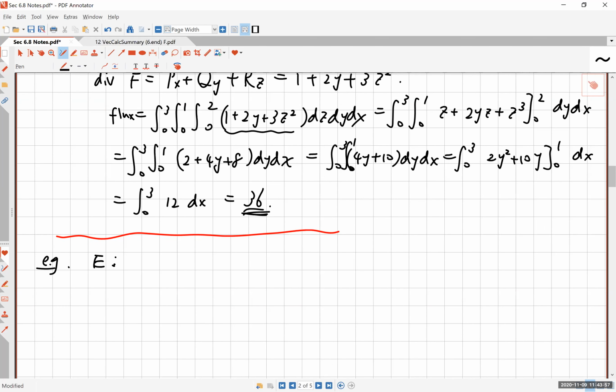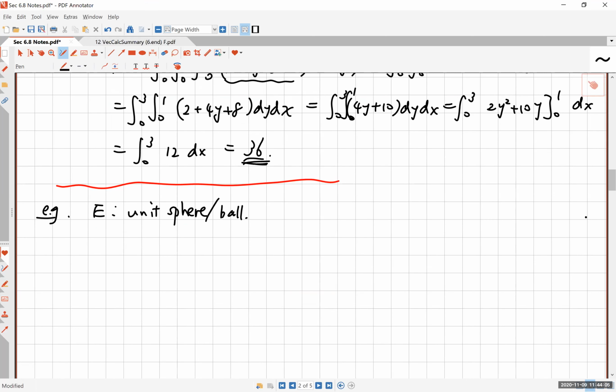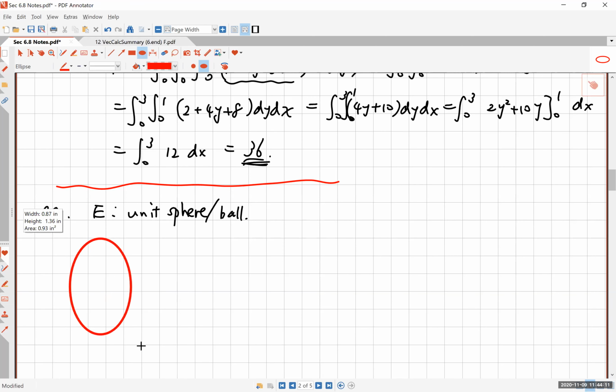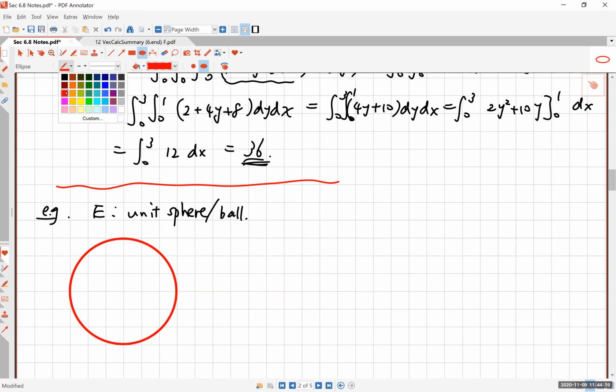E is the unit sphere. Actually, I shouldn't say sphere, because when you say sphere, that's so bad. Let me do this a little better way. When you talk about a sphere, technically what you're saying is only the outside, the two-dimensional, just the surface of that ball.